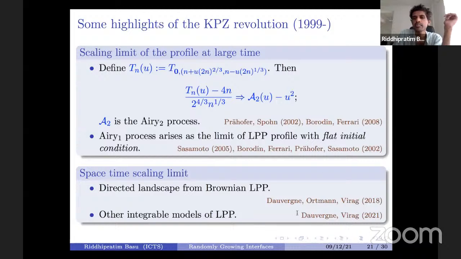This was first constructed only recently in this work of Dauvergne, Ortmann, and Virág. So they started with this Brownian LPP model and constructed this scaling limit. Very recently, they have also constructed it starting from other exactly solvable models. So these are some of the highlights of this integrable side of things in the last 20 years or so.